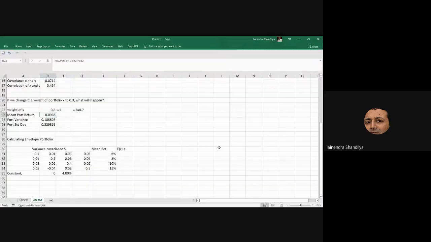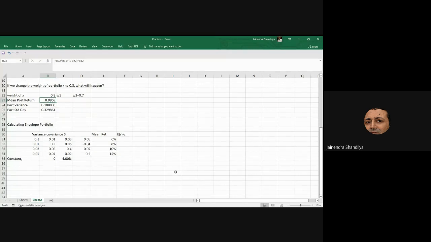Okay, can you see the variance covariance matrix? Hello. Yes, sir.